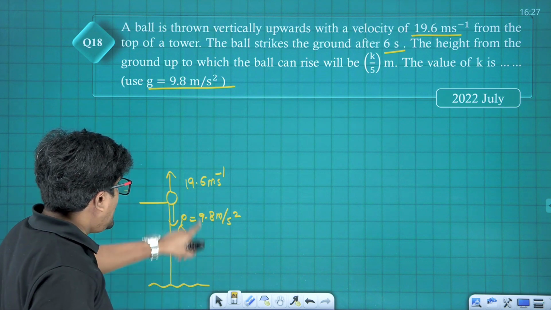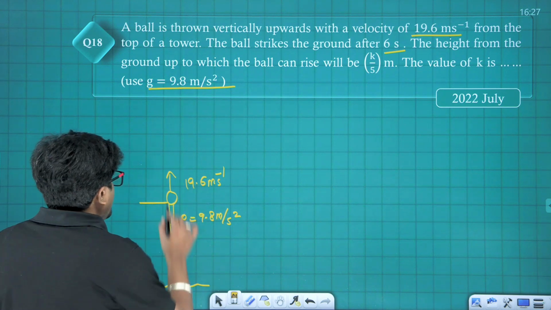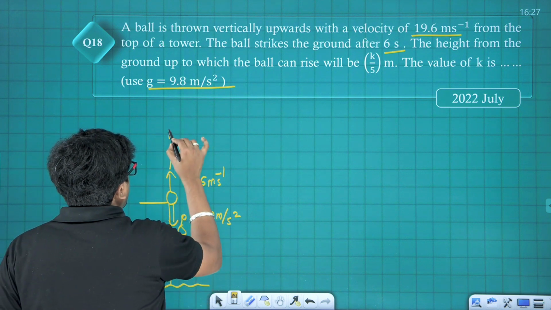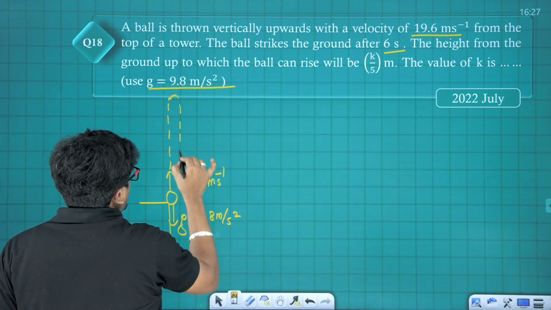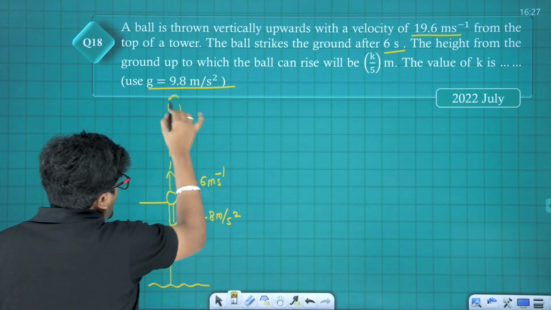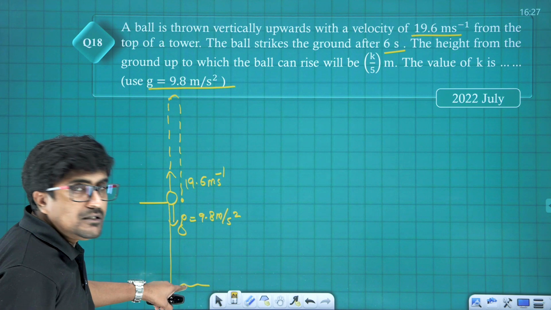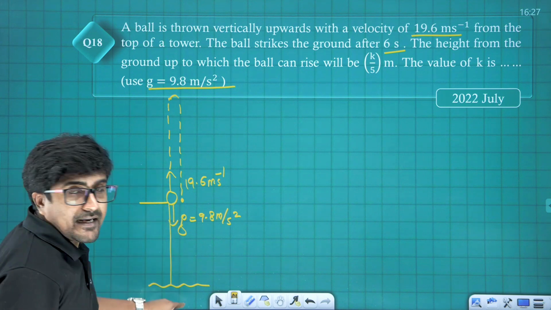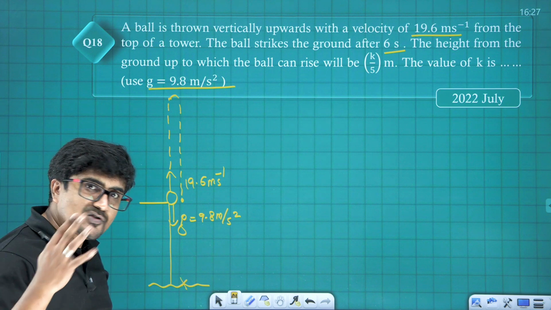And you know that if the initial speed is 19.6, that means this particular body is going to move in the upward direction for a time duration of 2 seconds. After that it will come to a state of rest, and while coming down it's going to take the same time, and the next 2 seconds it will reach the ground. Why am I saying 2? Because the total time taken is 4.